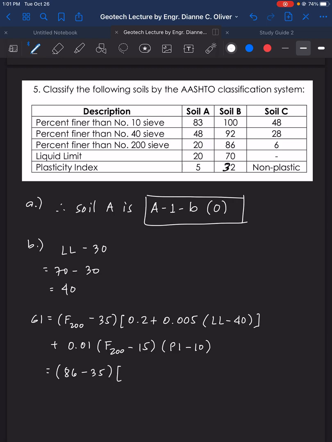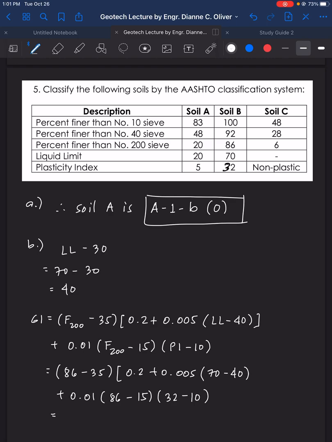And then we have 0.2 plus 0.005 (LL is 70 minus 40). And then we have plus 0.01 (86 minus 15). Then PI is 32 minus 10.